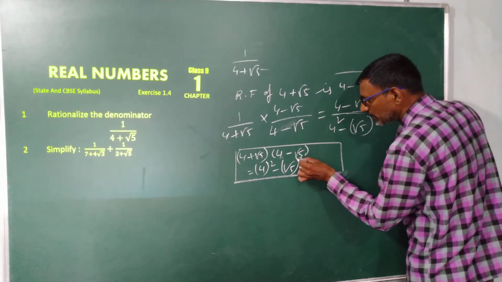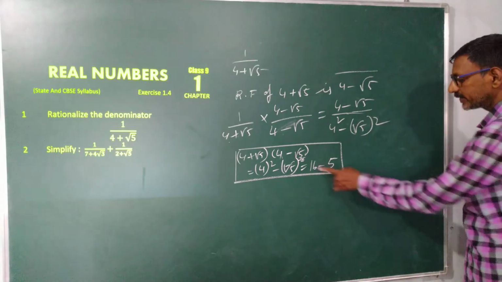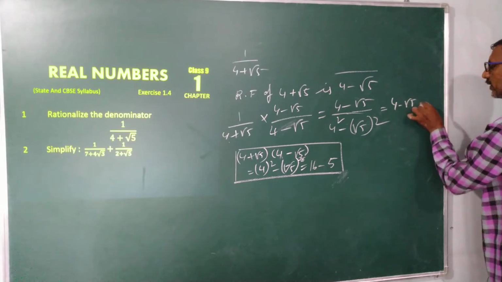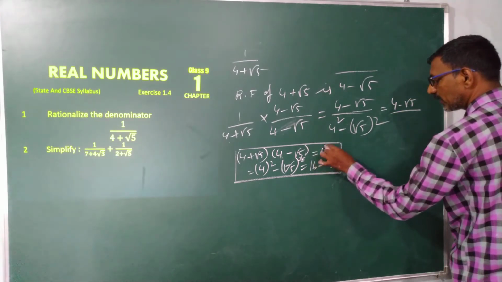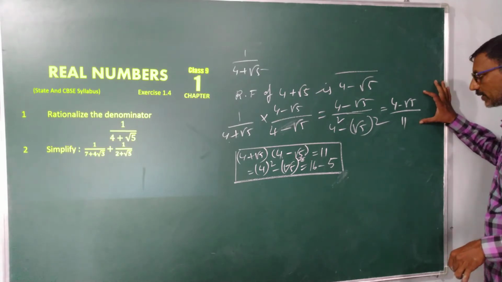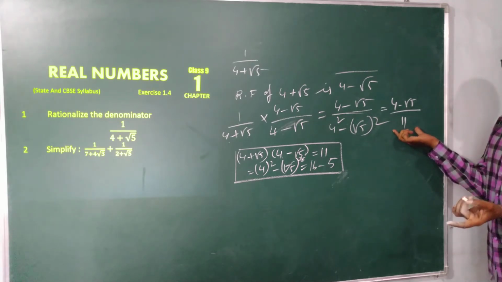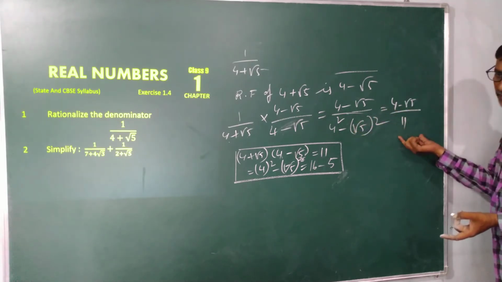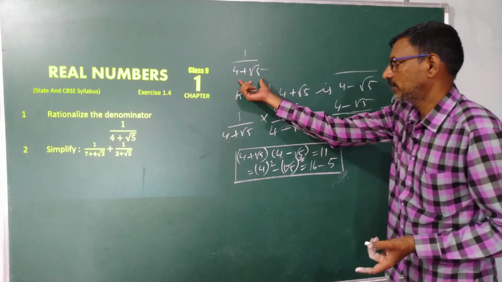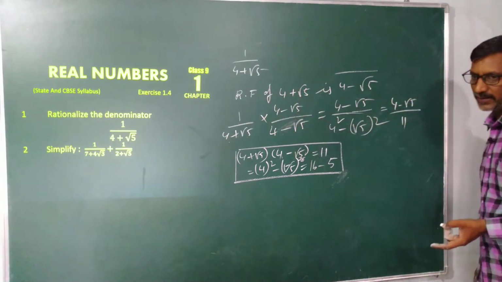Just listen, square and square root get cancelled. 16 minus 5. 4 minus root 5 divided by how much? 11. This is my answer. Why? The denominator is a rational number. I rationalized the denominator and I got 11. 11 is my rational number. This is simplified with the help of the rationalizing factor.